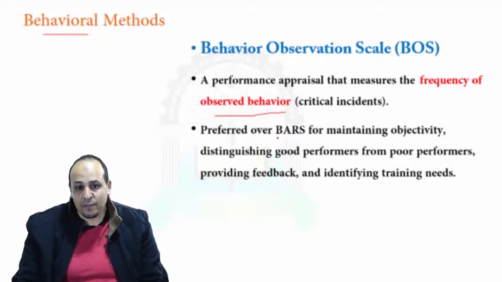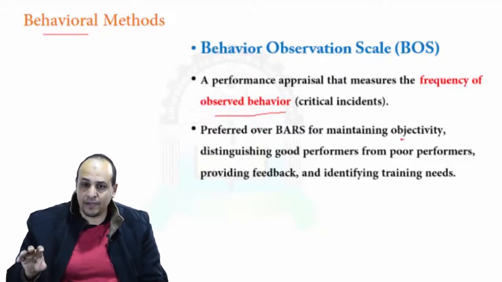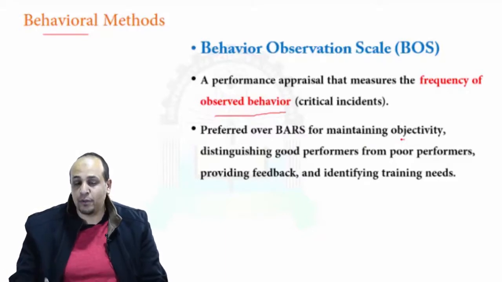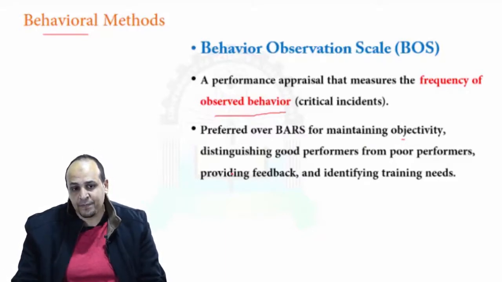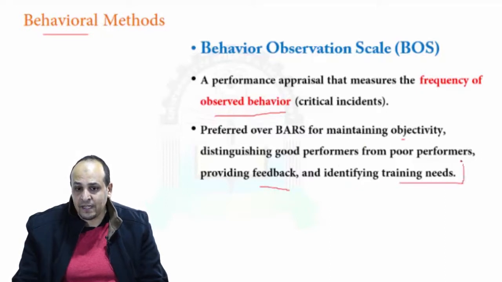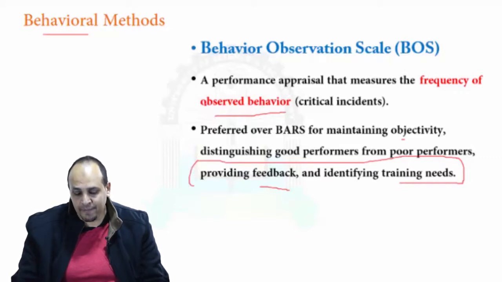So it is preferred over BARS for maintaining objectivity because you're considering only the frequent, preferable behaviors by the employees, distinguishing good performers from poor performers, providing good feedback, of course, and identifying training needs. These are the consequences of using such methods.